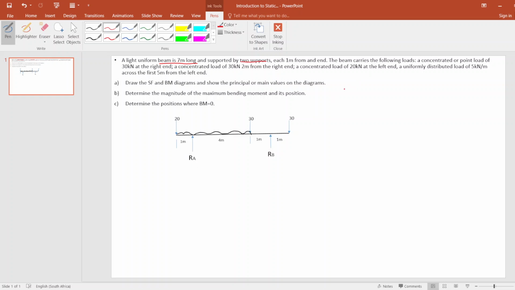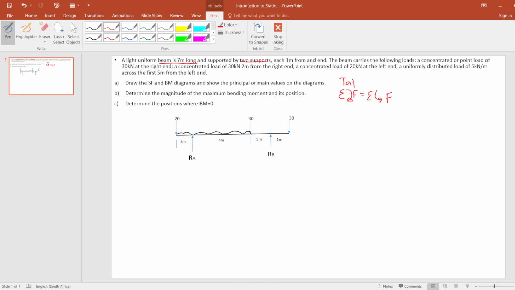Taking moment at RA, we determine which forces are rotating clockwise and which are rotating anti-clockwise. But you need to state where you have taken moment.